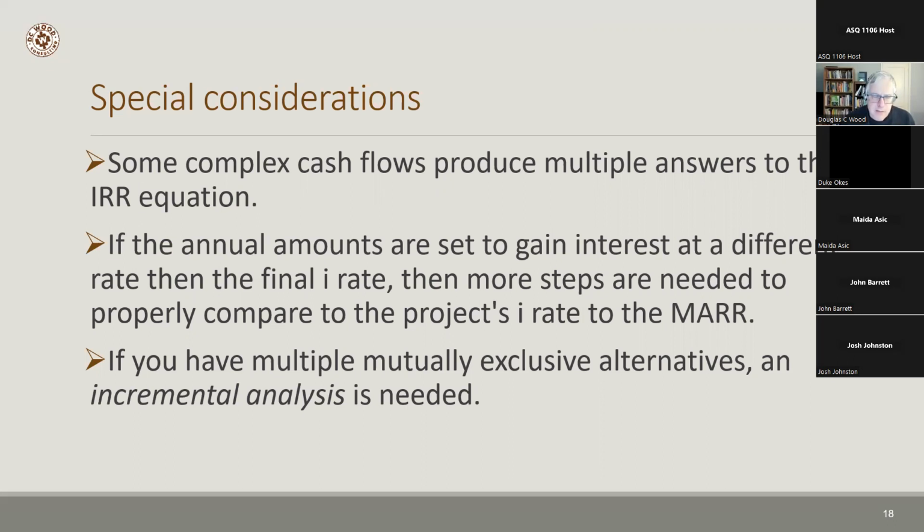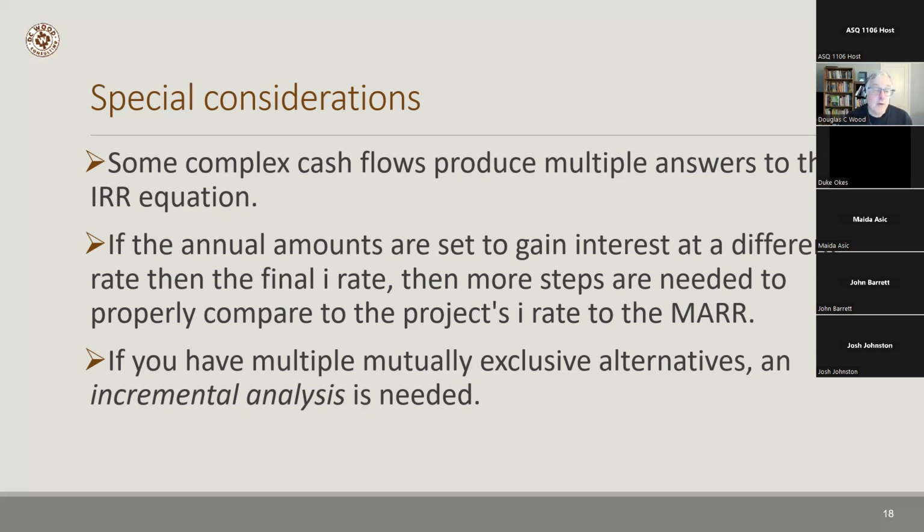That can happen if you have an extremely complex cash flow. If the annual amounts are set to gain interest at different rates than the final interest rate, then you need some more steps to properly compare the project's interest rate to the minimum acceptable rate of return.